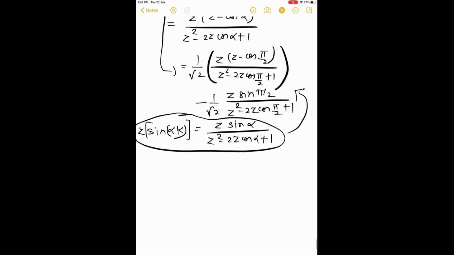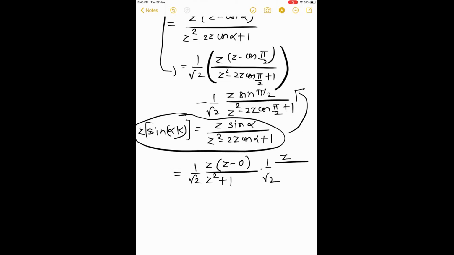And what is cos pi by 2? It is 0. So Z minus 0 upon the denominator, which also becomes Z square plus 1 only. And what is sin pi by 2? It is 1.